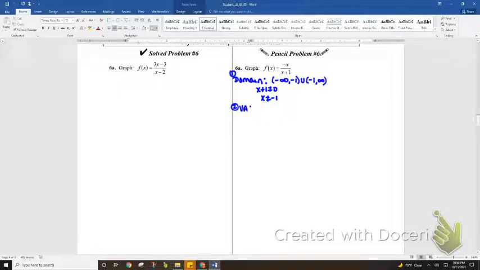Vertical asymptotes. So we need to see, can we cancel anything? We cannot. No factoring. So my vertical asymptote is the uncanceled factors of the denominator equal to 0. So we have a vertical asymptote at x equals -1. Did we have any holes? Nothing canceled, so there are no holes.